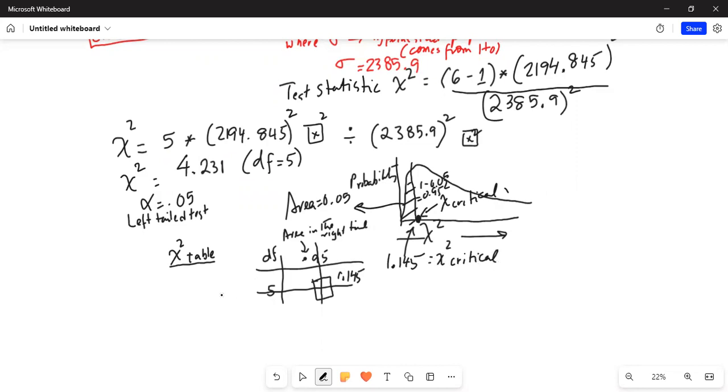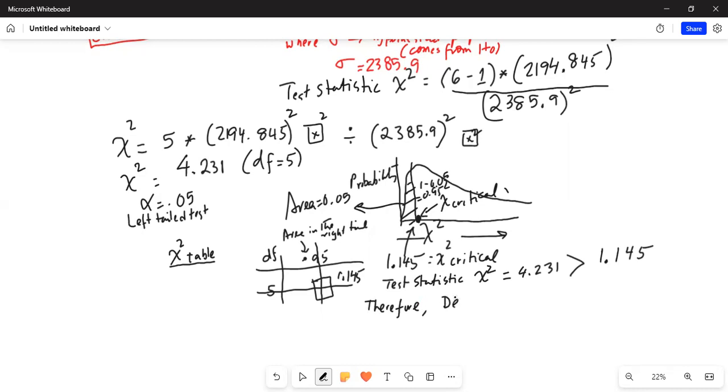Our test statistic chi-square is equal to 4.231, which is greater than 1.145. That means it falls in the area which is not shaded. Therefore, decision.